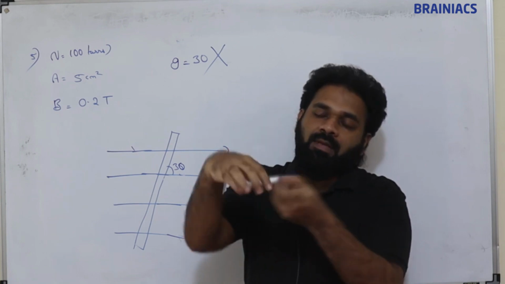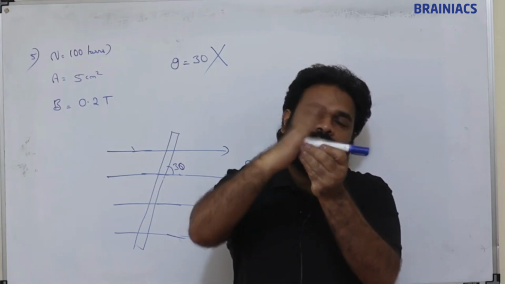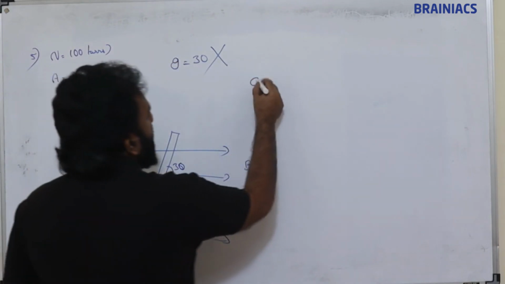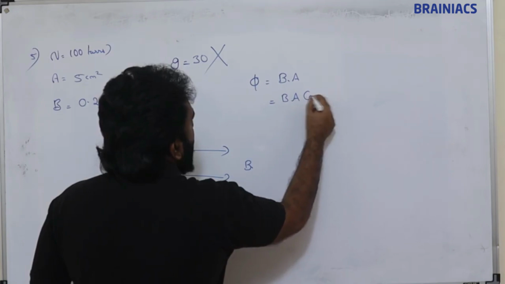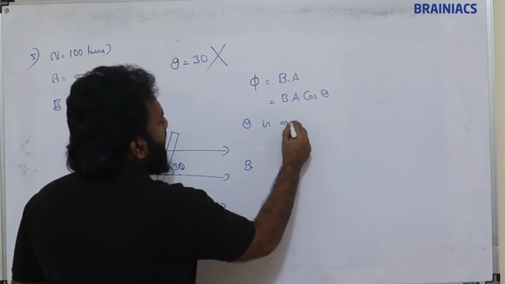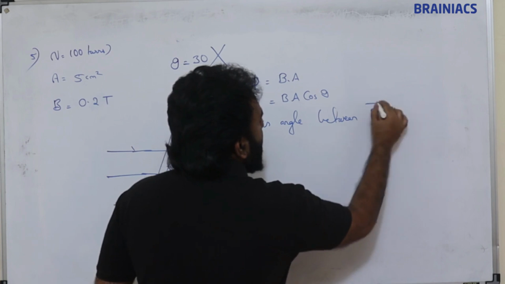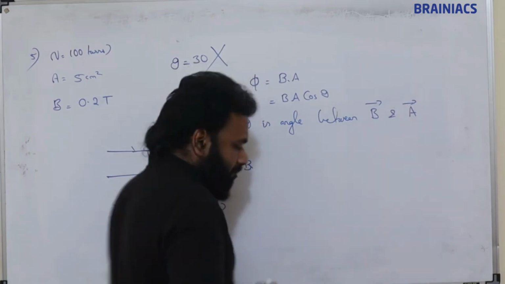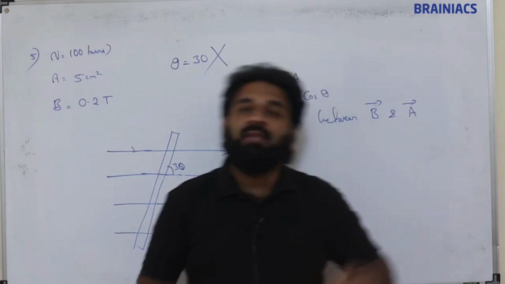Now if we try to find flux, B dot A or BA cos theta, this theta is the angle between the magnetic field vector and the area vector, not simply the loop. It is the angle between magnetic field vector and area vector.